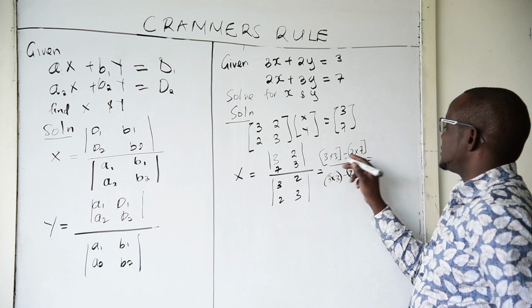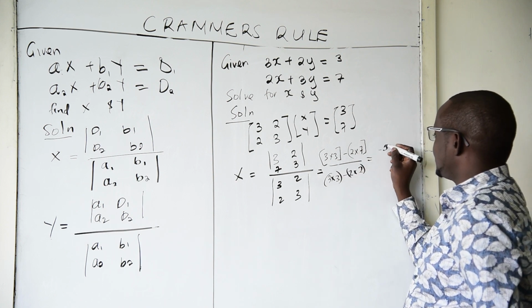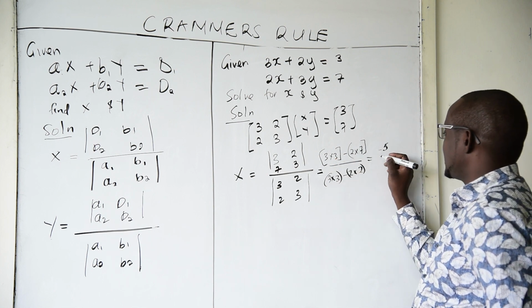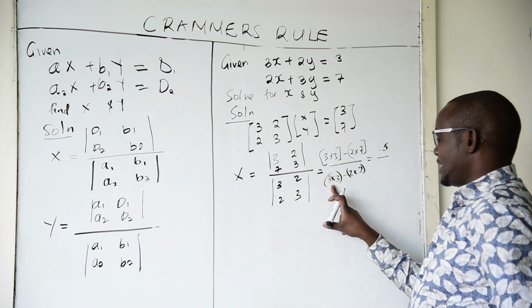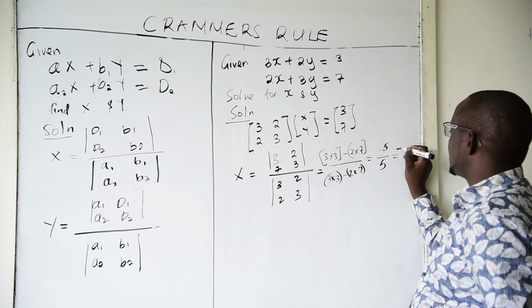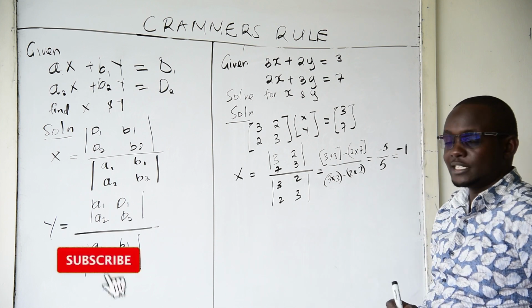If you solve this, we have 9 minus 14, that is minus 5, divided by 9 minus 4, which is 5. This means my x is negative 1.